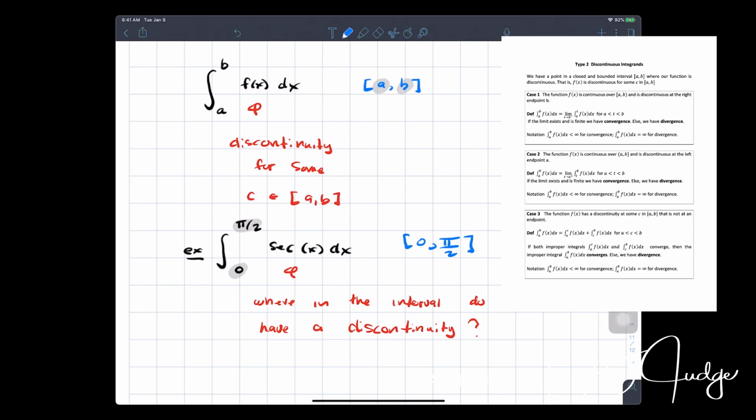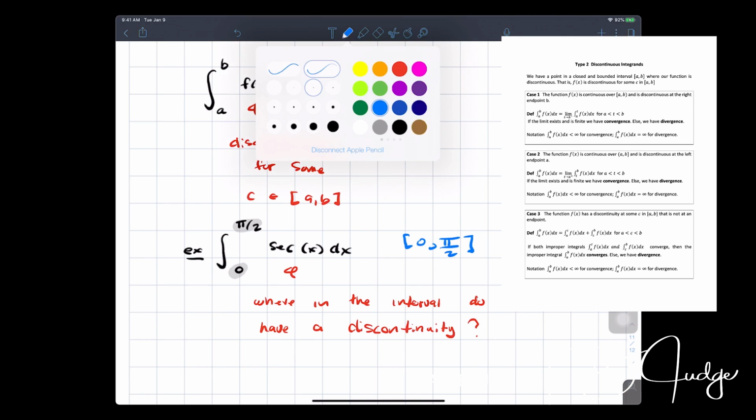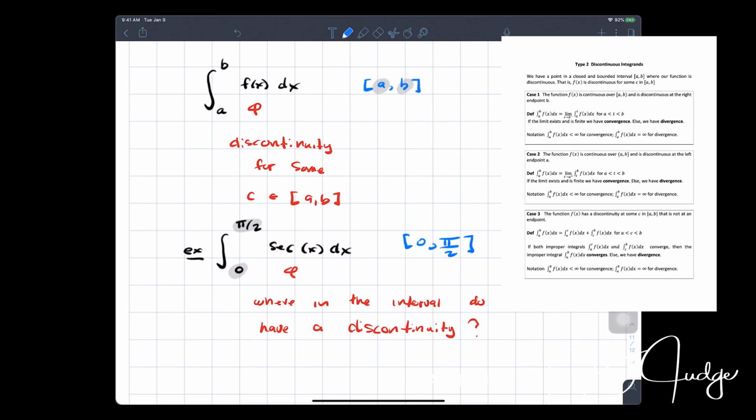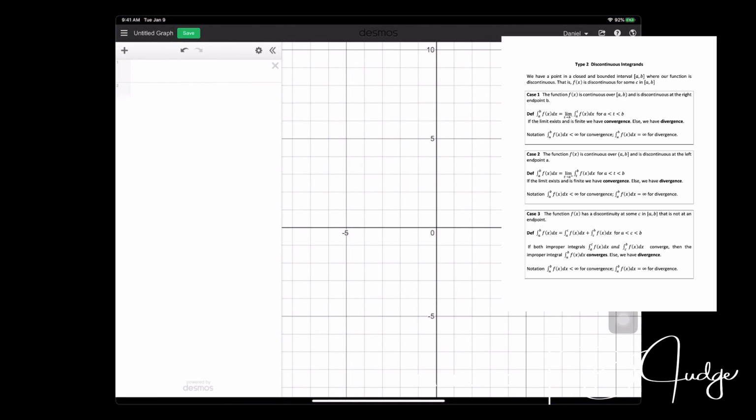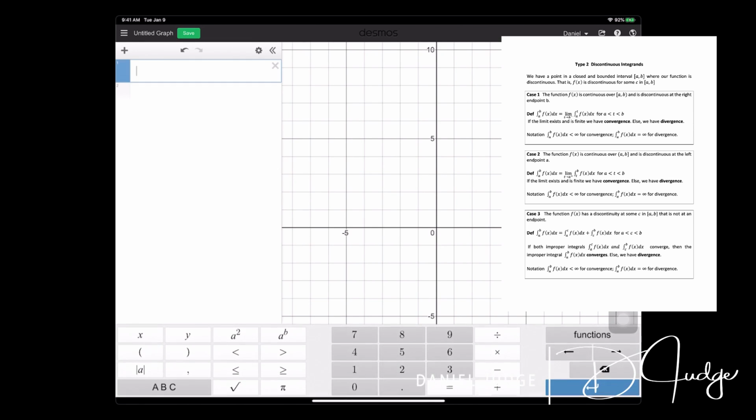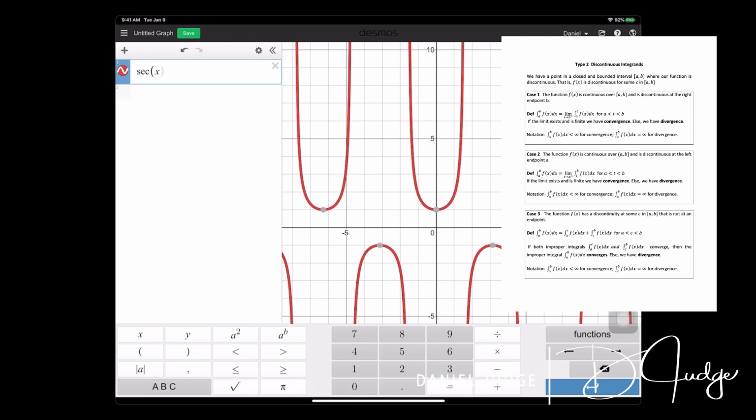There are many that you can look at. I want to point out to you guys a couple of things here. Let's go to our trusty graphing tool and find the function secant x.